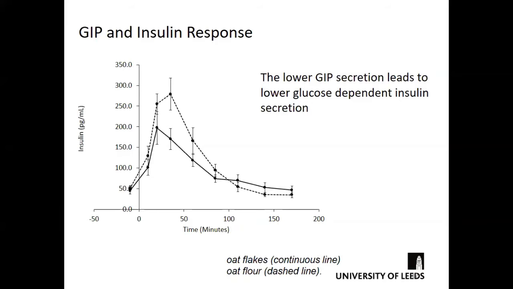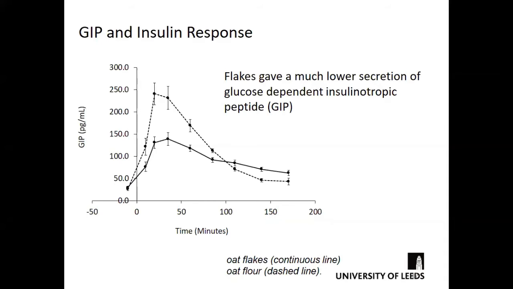When we looked at the insulin, we did see differences in the secretion peak. And when we then looked at GIP, we saw a really significant difference. GIP is perhaps a more direct link to what is happening in the small intestine, and this controls the amount of insulin that's being secreted in response to the glucose arriving in the bloodstream.